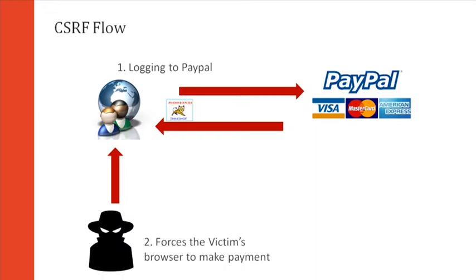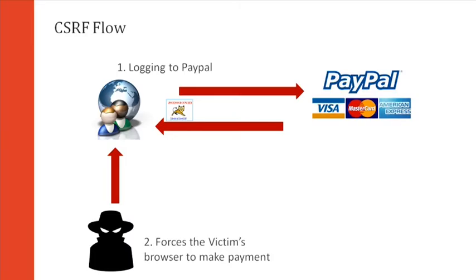In this scenario, there are two options. The attacker can use a cross-site scripting attack and send it to the victim so that when the victim receives the URL, it just redirects to PayPal without the victim's consent. Or the attacker can find a way to send the URL to the victim, or get the victim to visit the attacker's website.